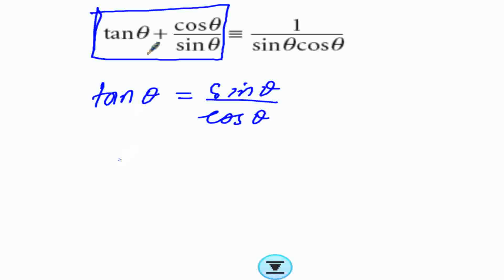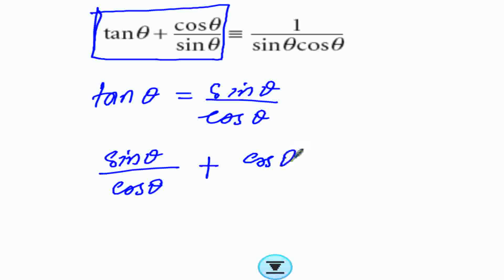That is, for our question, sin theta over cos theta for the tan, then plus cos theta over sin theta.